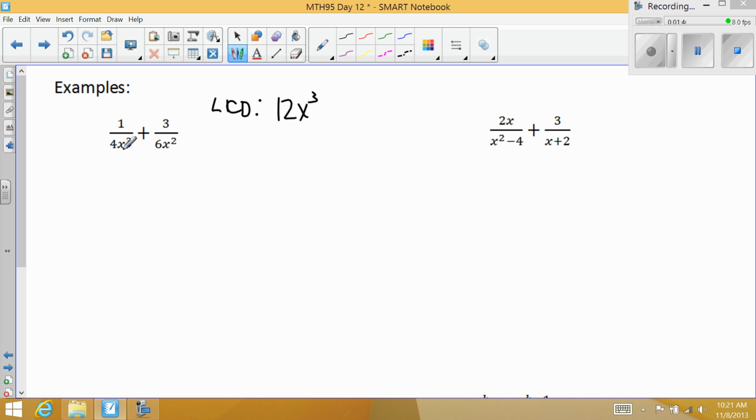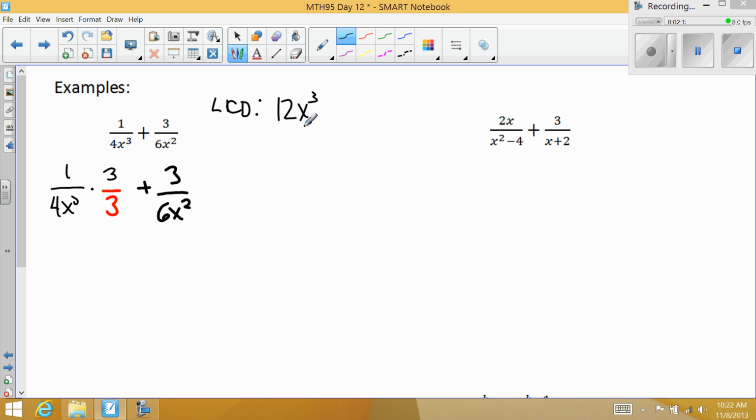And then I need to rewrite each of these terms to have the 12x cubed as its denominator. So I've got the 1 over 4x cubed, and then I'm going to multiply by 3 over 3 to get the 12x cubed. And then I've got 3 over 6x squared.